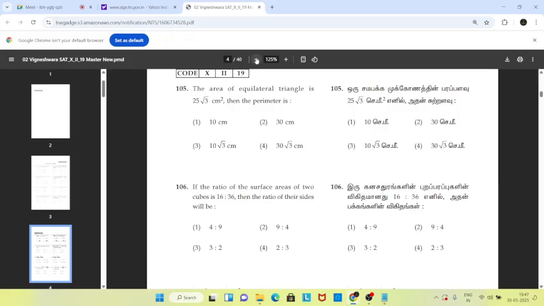So now from that you have to find the ratio of the sides. Find out, you can find.